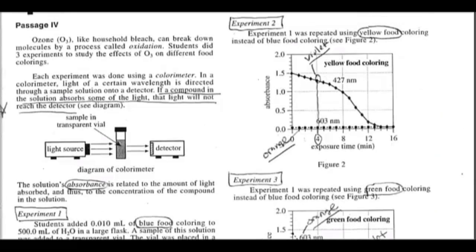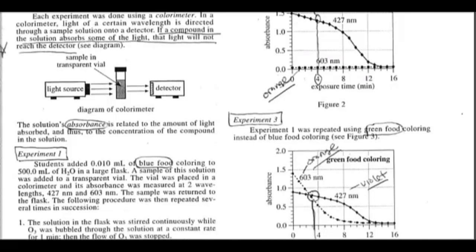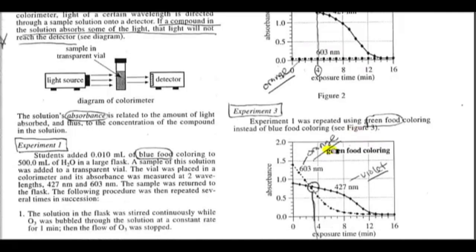When we look at experiment number 2, which is yellow, now they're flipped around. 603 is low absorbance and 427 is high absorbance. And when you look over here, it looks like we start at 603 high and then we go low, and then 427 we start middle and then we go low.